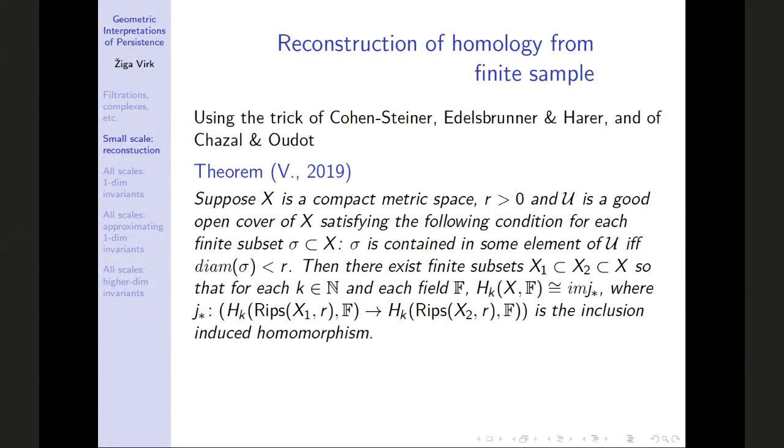There's a trick using the stability result and some other tools that tells you that if you have a nice interleaving of Rips complex and Čech complex, and you take some sample of, let's say, a manifold, and you take the image of such a map from the Rips complex at some scale to a larger scale, you will actually reconstruct the homology of your manifold. So that's one way of getting some guarantees on how to reconstruct the homology of your manifold.